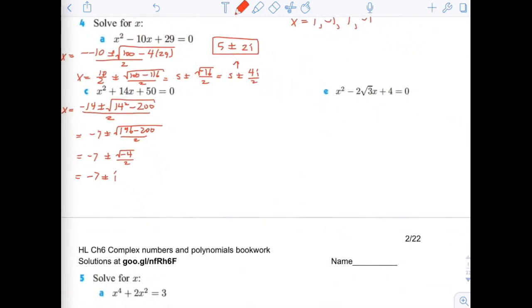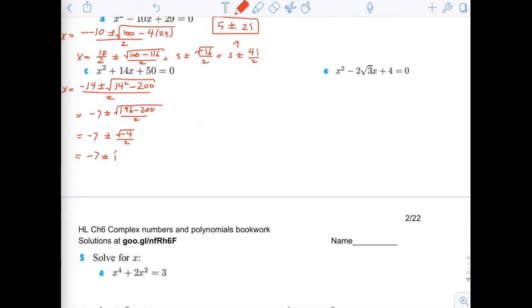x squared minus 2 square root of 3 x plus 4. So now what we're going to do is use the quadratic formula with b equals that, c equals that, and a is 1.